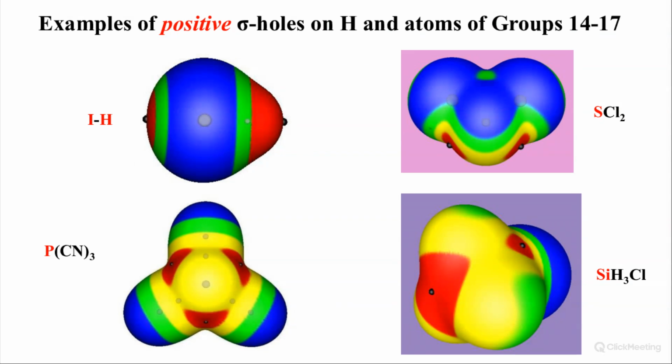And I'm just showing here the top left is IH, and note that both the hydrogen and the iodine have positive regions, but the iodine has a lateral negative region, very typical. And this is SCl2, 2 positive regions, PCl3, 3. And here we have a silicon compound that has 4 positive regions. Some of them you can see.